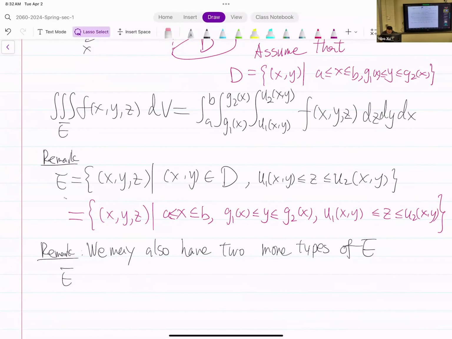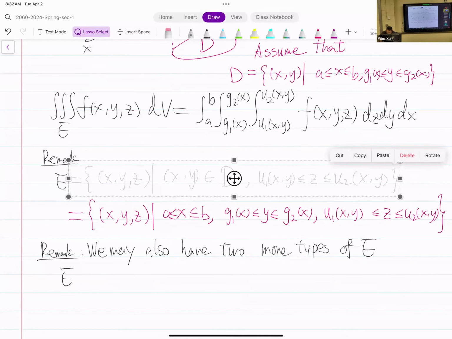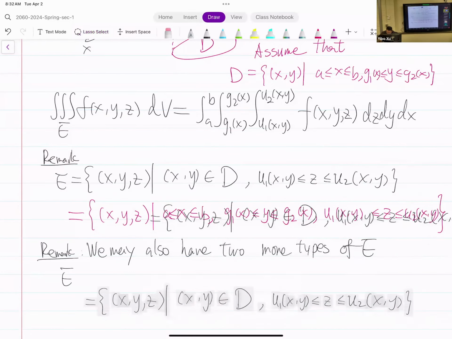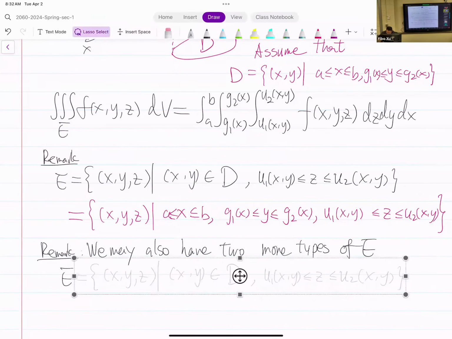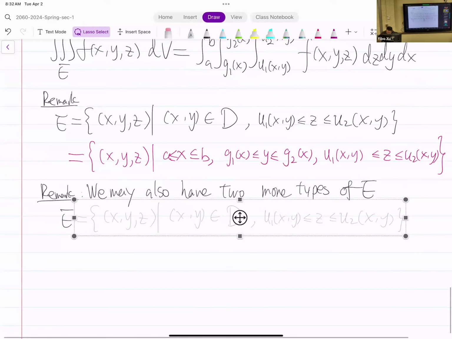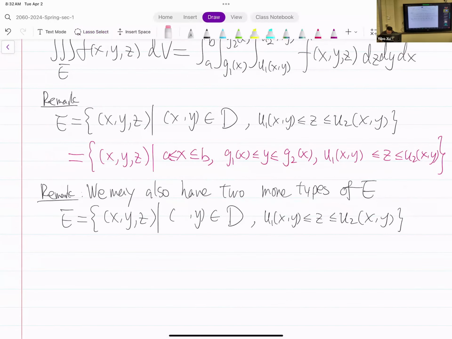Here let me cheat by copying this part. So the only thing different is that here we project onto, let's say, the YZ plane, and everything is in the YZ.